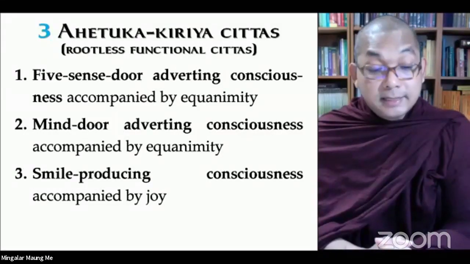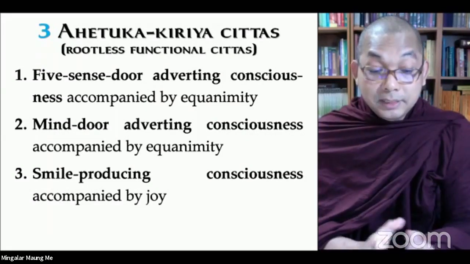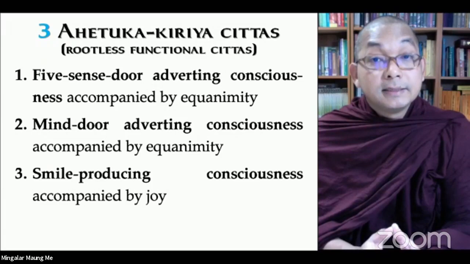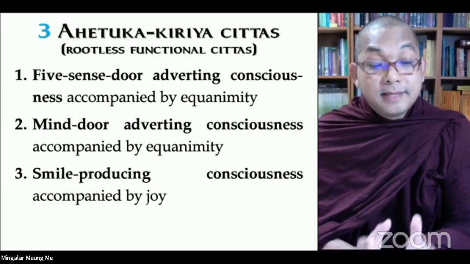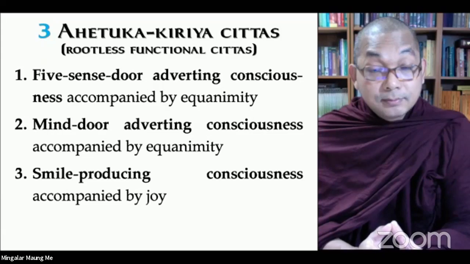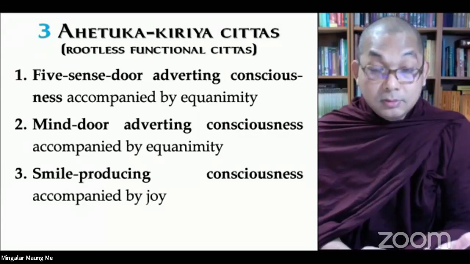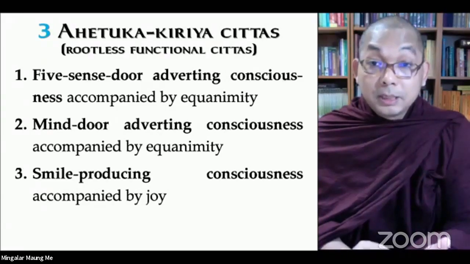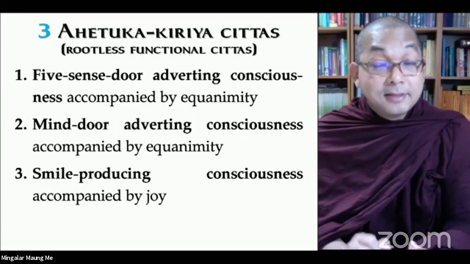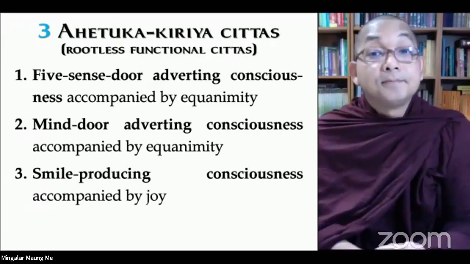So at that time, Venerable Moggallana's mind was a smile-producing consciousness. On that occasion, there is no Lobha, Dosa, Moha, and no Alobha, Adosa, Amoha in the mind of Venerable Moggallana at the moment he smiled.